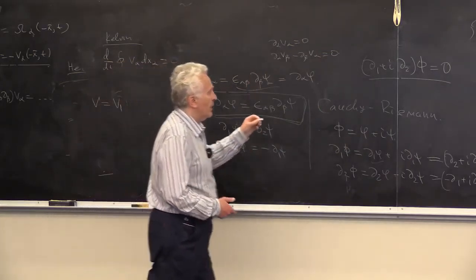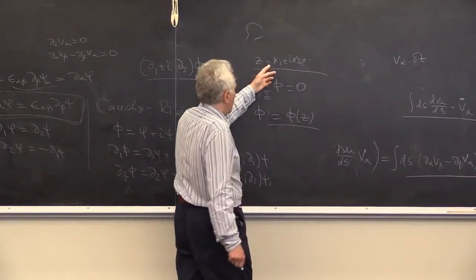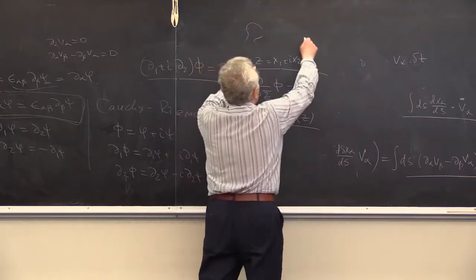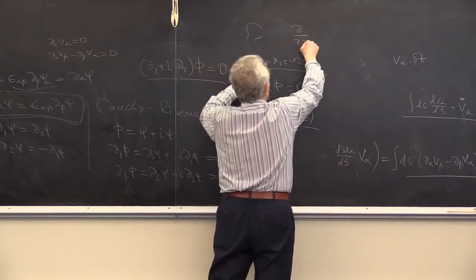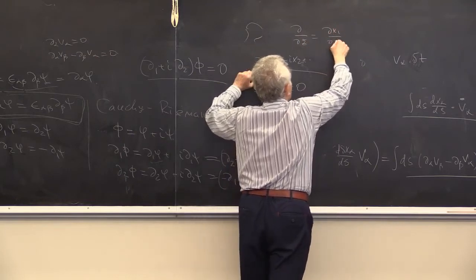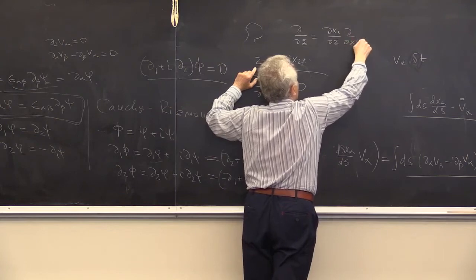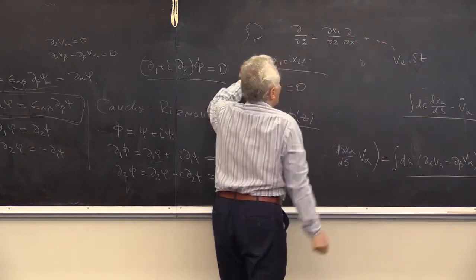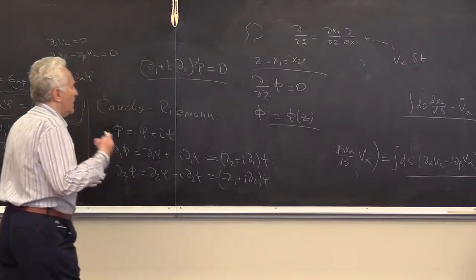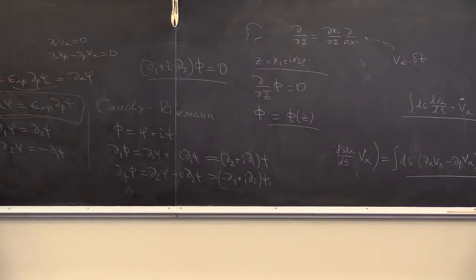Of course, you can just use the standard formula and write it down as d/dz, it should be dx1 dz bar, d/dx1, and so on. So you can change coordinates in a standard way, but it will save you some time to write down the answer immediately.